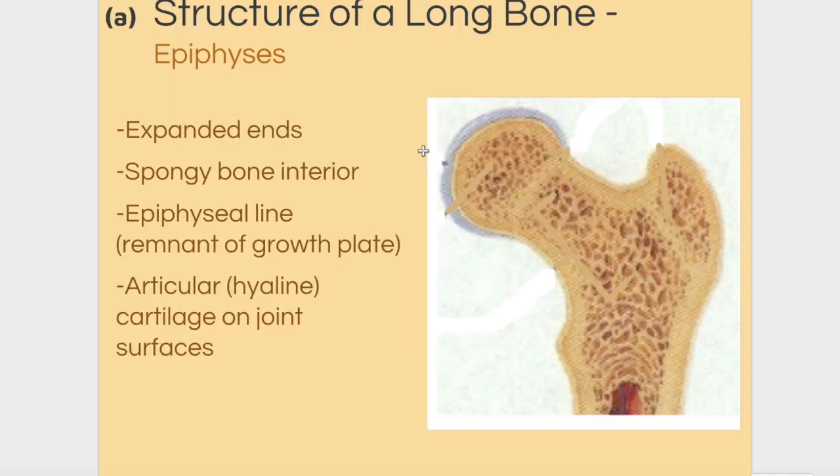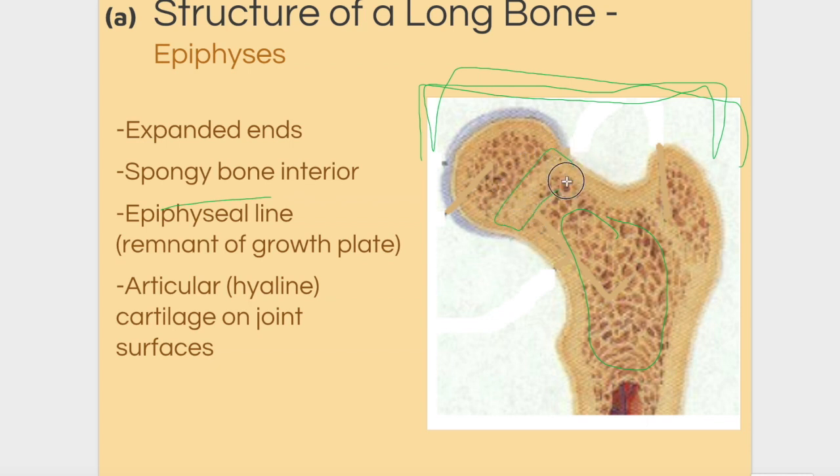Let's take a closer look at our long bone at the epiphysis. As we can see here, the ends of our long bone tend to be much more expanded in width. We have a spongy interior, and a very distinguishing feature is what's called an epiphyseal line, which is just the remains of growth from when you are getting taller and longer as you get older from childhood into adult.